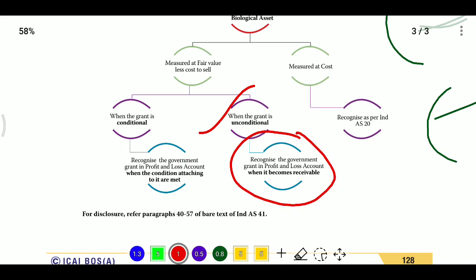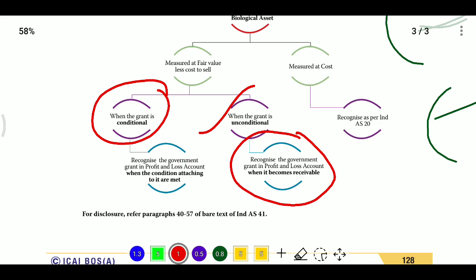Simple case. If the government grant on a biological asset is conditional, some conditions were there, and the conditions have some refundable portion. The refundable amount may be fully refundable or partially refundable.